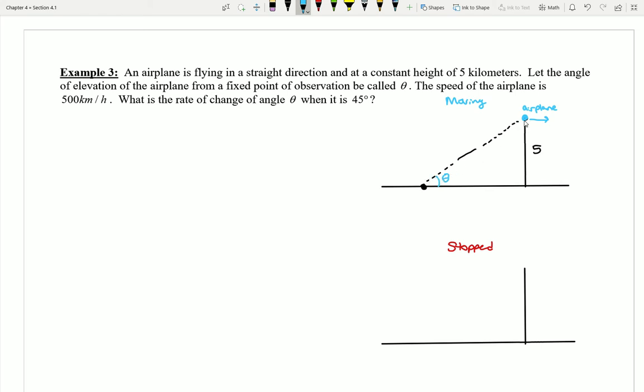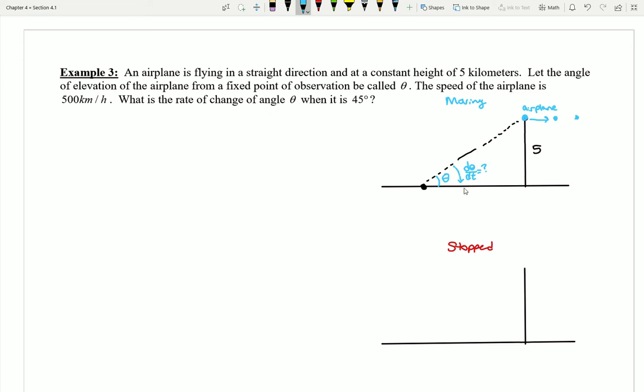What would allow them to continue to see the airplane? Imagine the airplane has now moved over here and then over there. Well, you can probably see that this angle here is going to be going downward. And there is a speed at which it's decreasing. In fact, that's what we're trying to find.